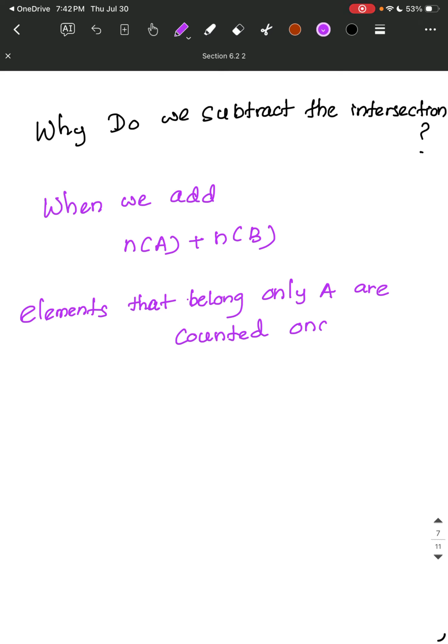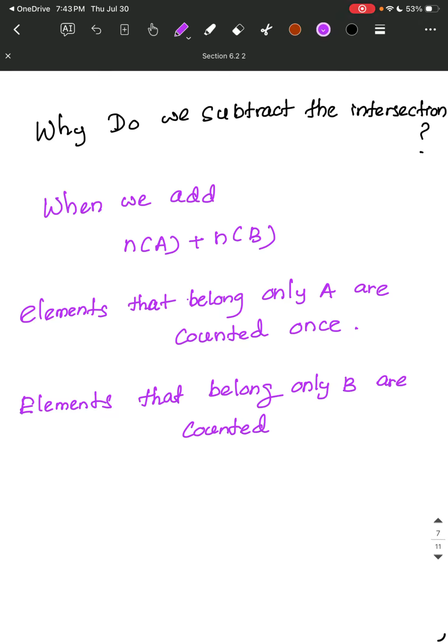Elements that belong only to B are counted once.